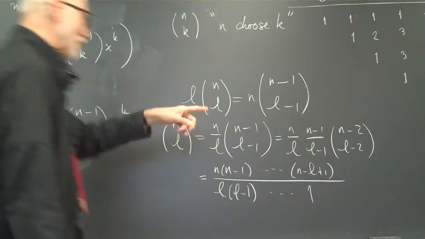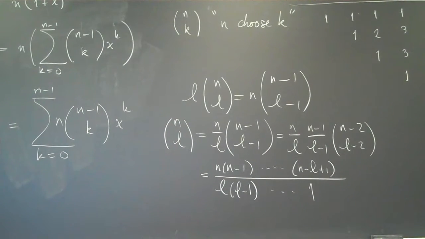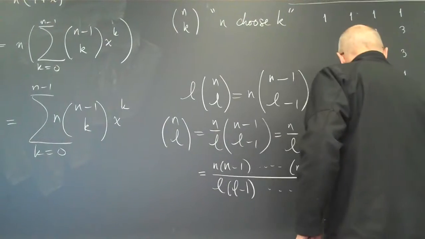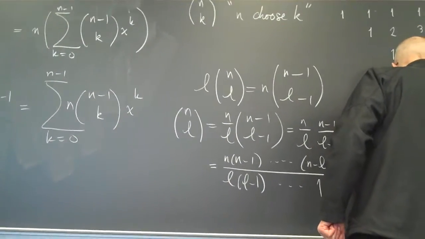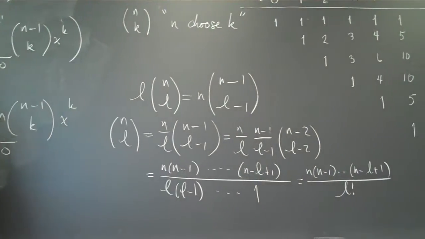Or maybe I go to 0, I don't know. Either way, this is where I stop. I have L things. So this is n times n minus 1 down to n minus L plus 1 over L factorial.